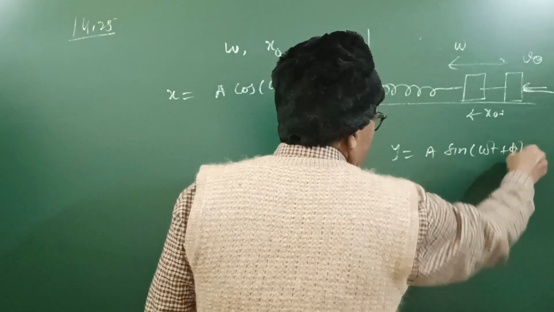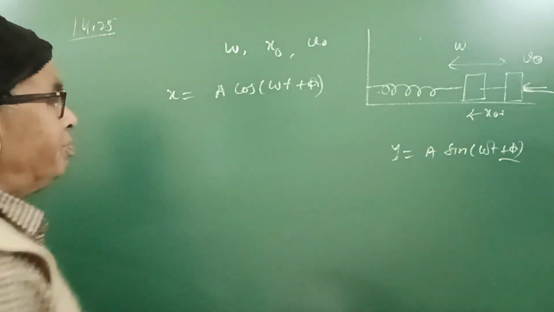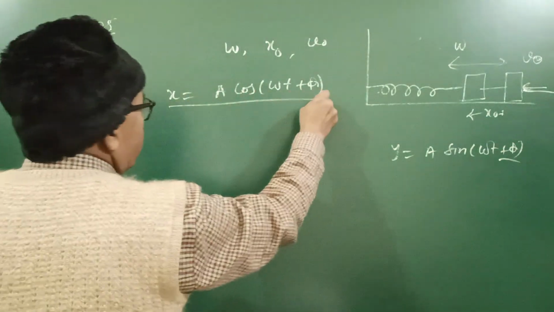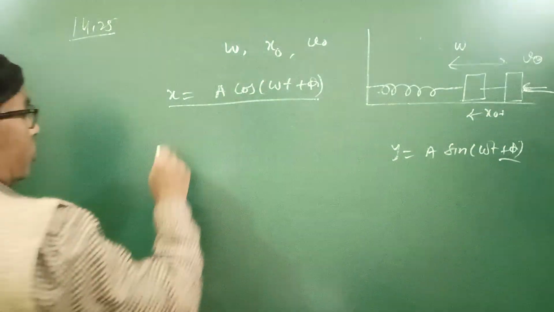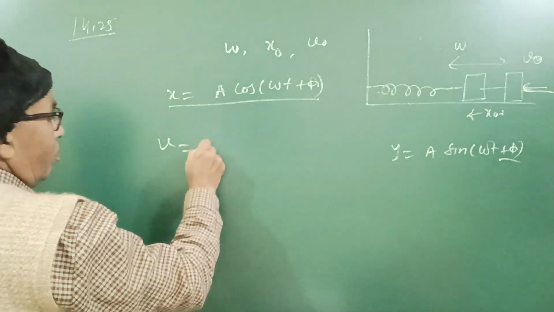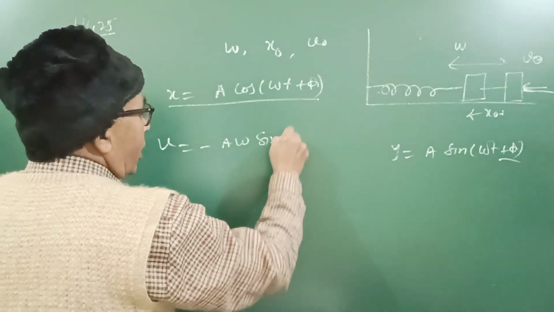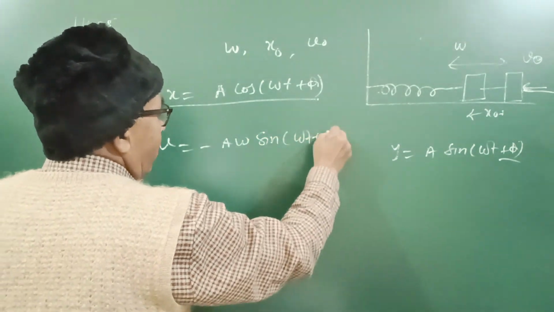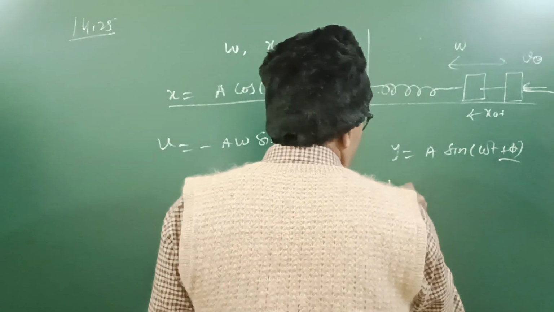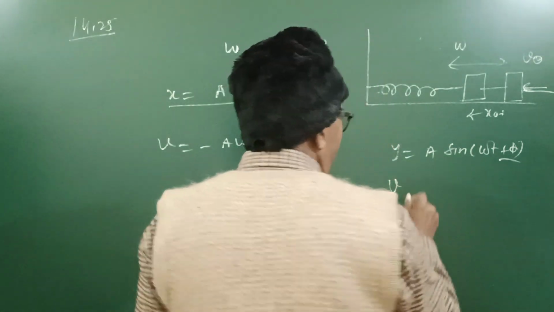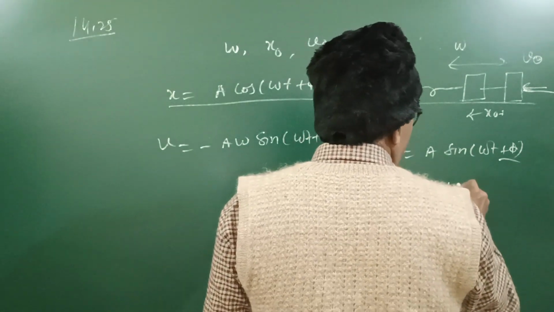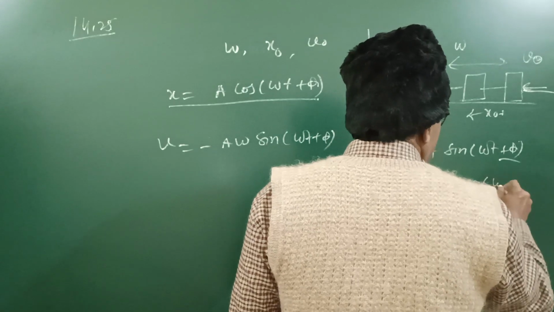Here phi is the initial phase. If I take this as x, then velocity v will be minus a omega sin(omega t plus phi). Here, with y, v will be a omega cos(omega t plus phi).